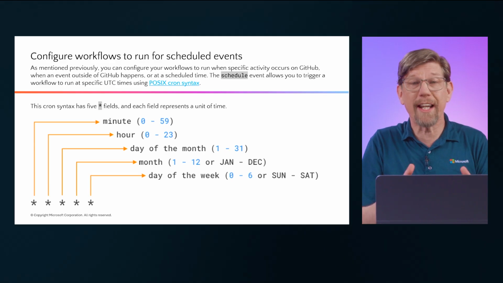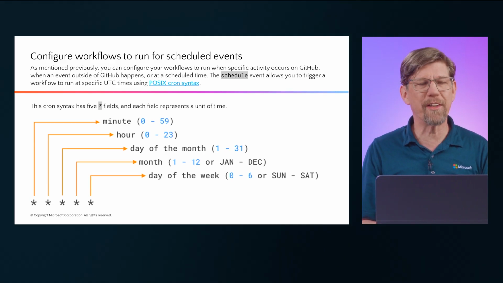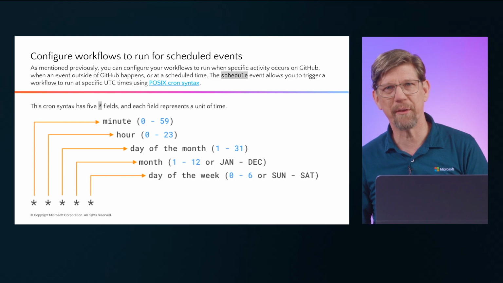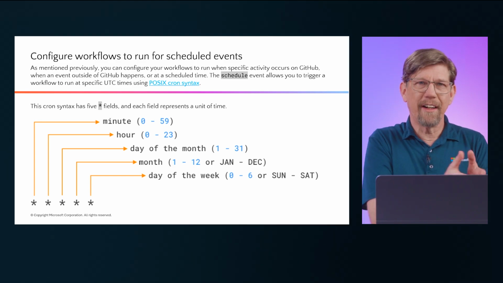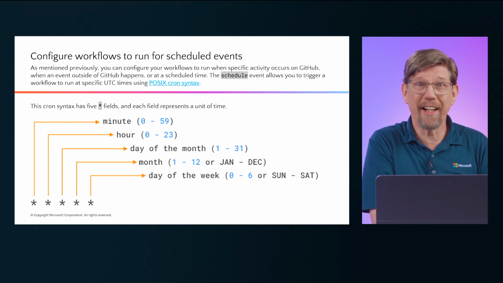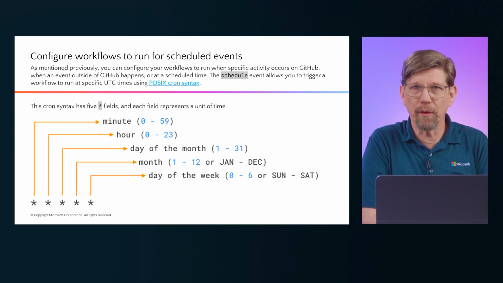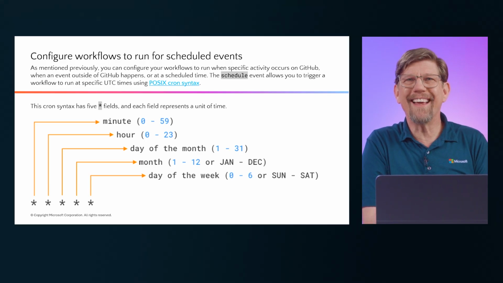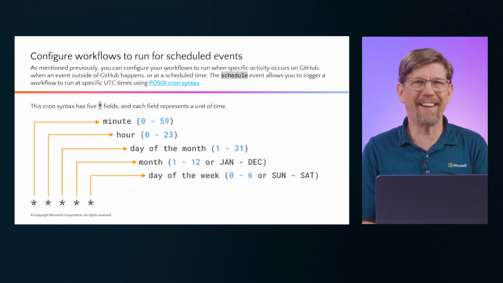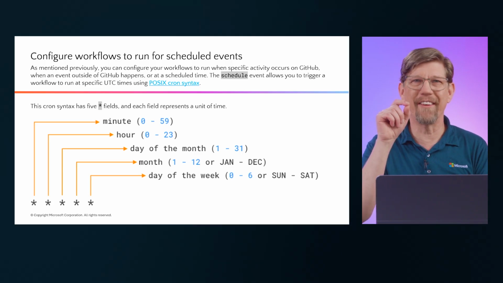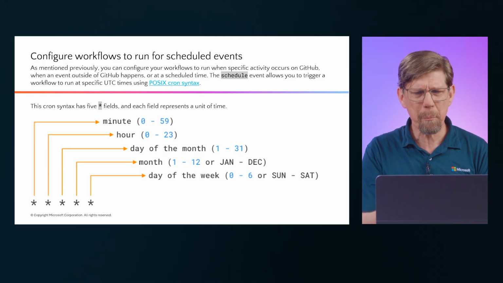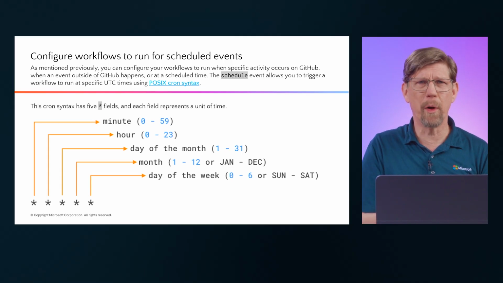But basically what you're looking at is a simple string, and that string is going to have 5 different components. There will be the minute that you would like it to execute. There would be the hour that you want it to run. Then the day of the month, if I want this on the first day of the month or on the 15th day of the month. We've got some sort of numeric value, 1 through 31.